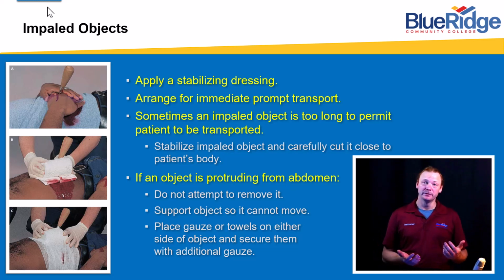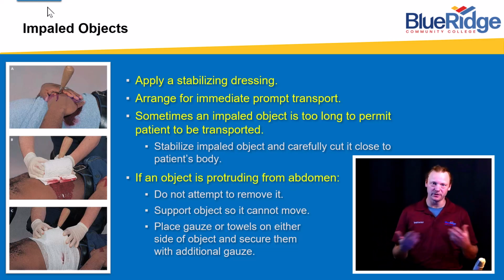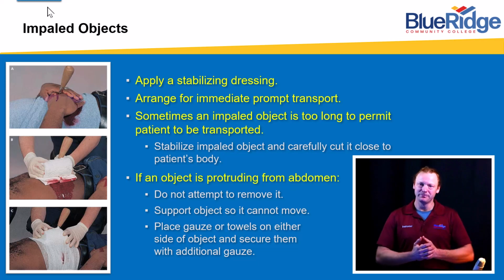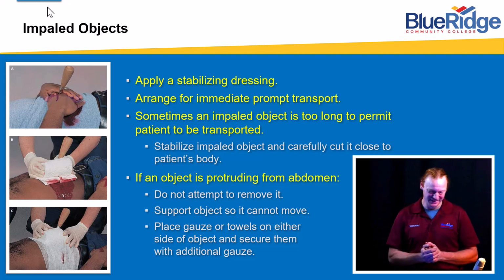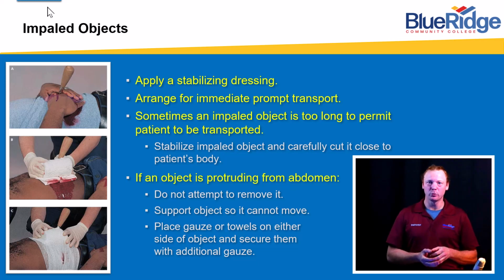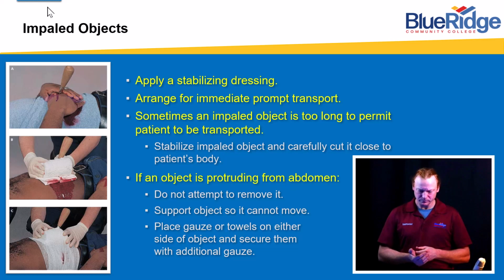If you do remove it, don't put it back in, because you're just going to cause more injury on reinsertion. So just take it in stride, fill out the paperwork, and hang on for the ride if you do pull something out. These people are obviously going to have to be transported to surgery.